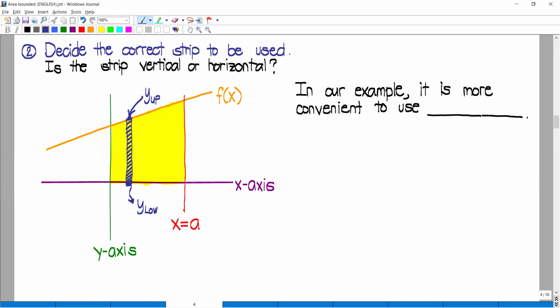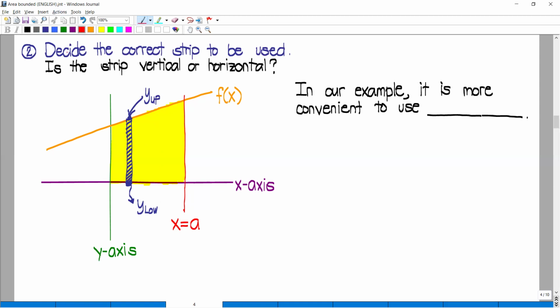Now if yes, that means that the two ends are touching two different curves. And the answer is yes, right, engineers and students? The y up is touching the orange line, while the y low is touching the violet line. Meaning the vertical strip is following the condition letter A. The two ends are touching two different curves.